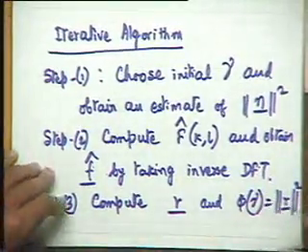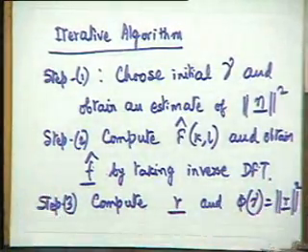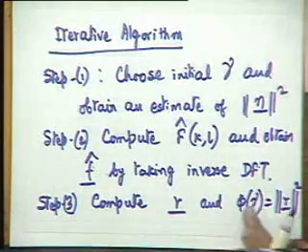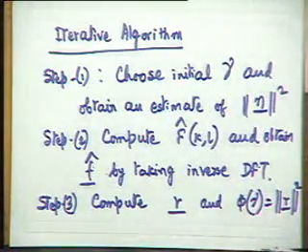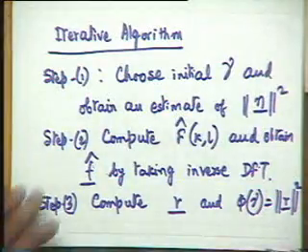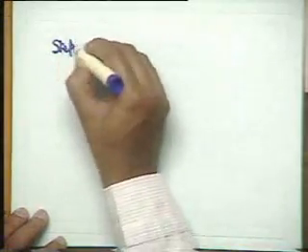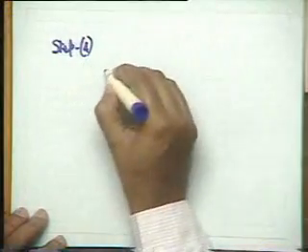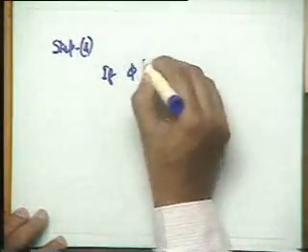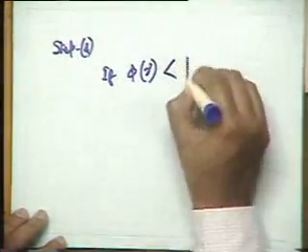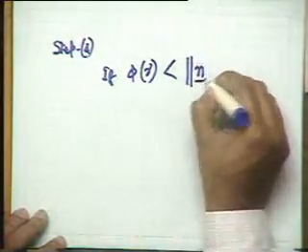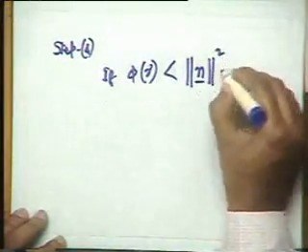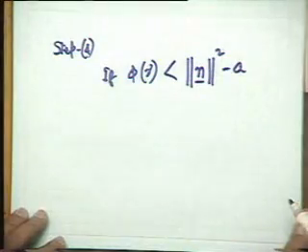Now after phi gamma is computed, the rest of the things are pretty simple for us. Step 4, if phi gamma is less than norm n square minus a, what are you going to do?